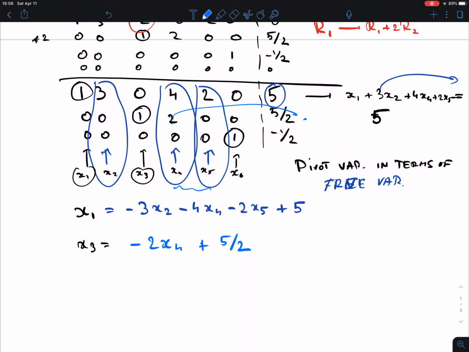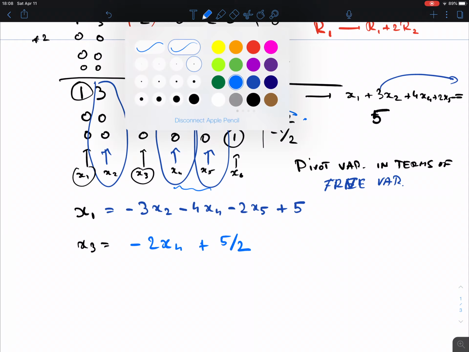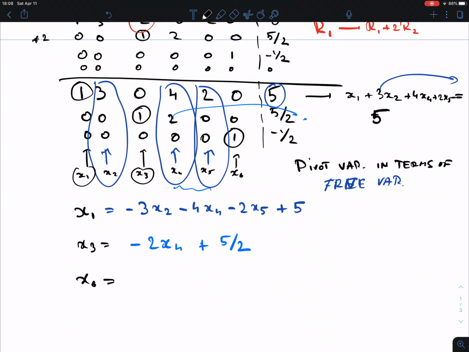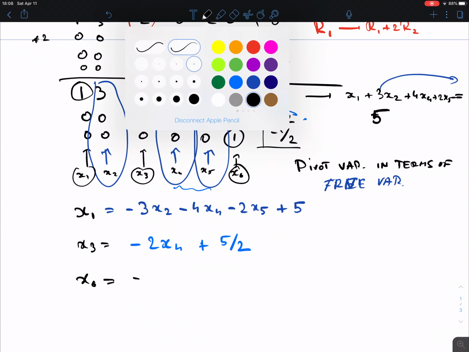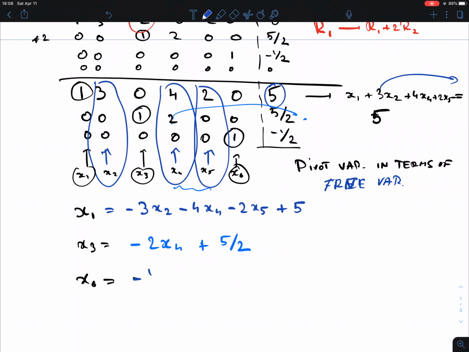Okay? And then finally, the last one, x6. This is the last of my pivot variables. I have nothing anymore except the constant, which is equal to minus a half.